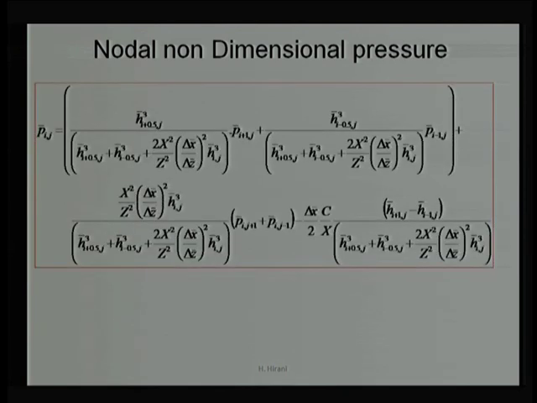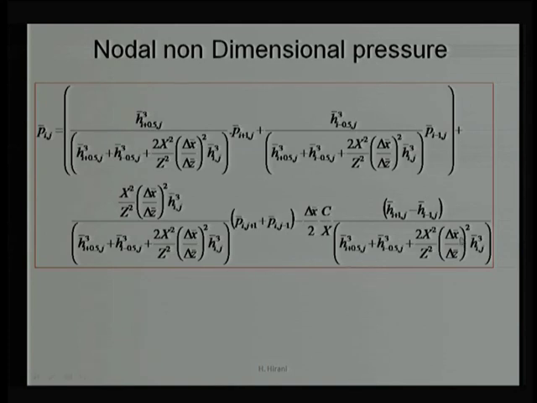Now, after bringing it to the left hand side and dividing this whole term, what we get as a multiplication factor for p(i+1, j) is this complete factor, say h(i+0.5, j), h(i-0.5, j), here h(i, j), and here the difference h(i+1) and h(i-1).